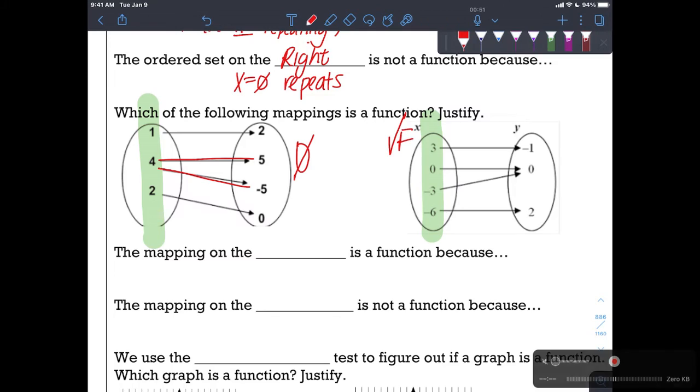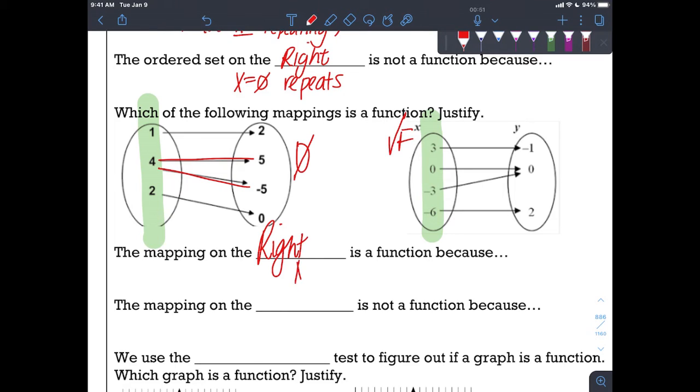This is definitely a function. So the mapping on the right is a function because it has no repeating x's. And the mapping on the left is not a function because x equals 4 repeats. It goes to 5 and negative 5.